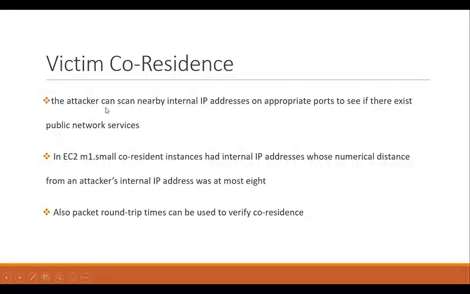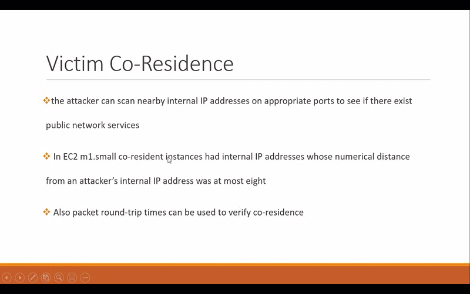So the attacker can scan nearby internal IP addresses on appropriate ports to see if there exists a public network service. For example, if you requested an instance and you got an IP like .1, you can scan .2 on port 80 or port 8080 just to verify if you have any public services nearby. Also, they used round trip times to confirm if they correspond with the machine or not.